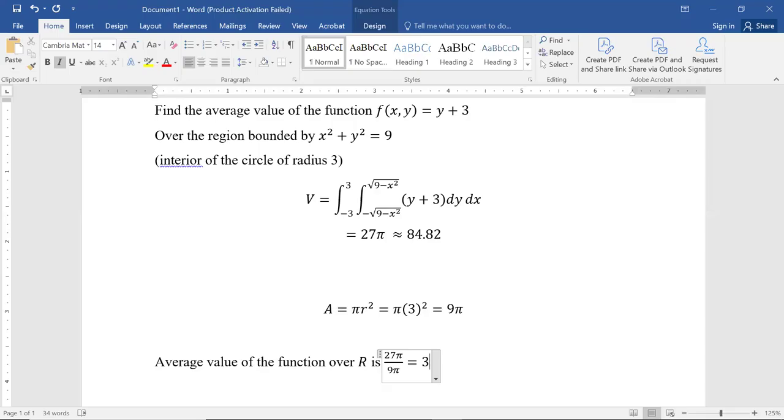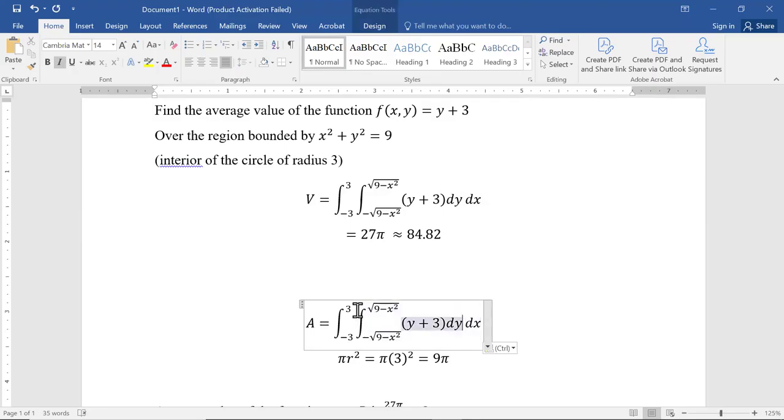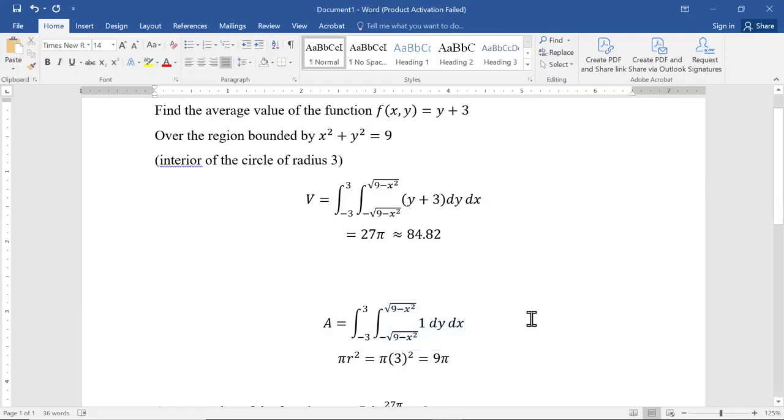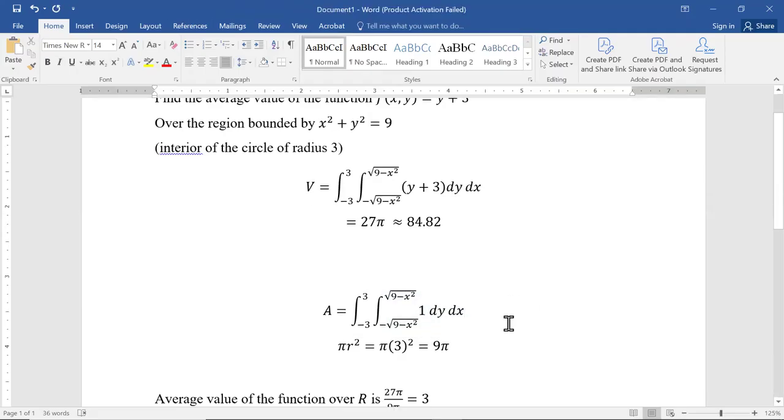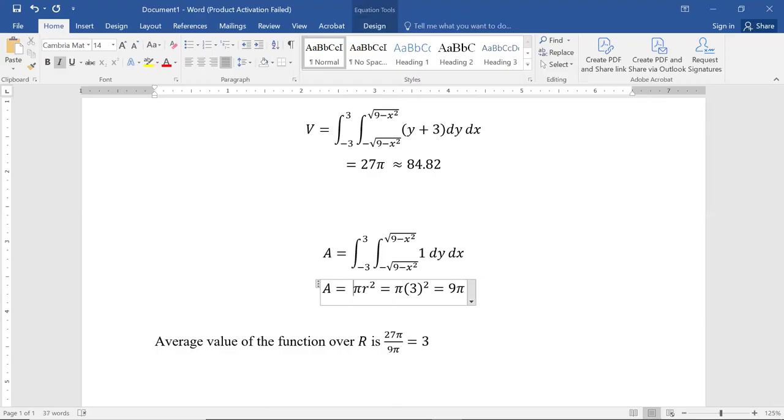Again, if you want to find the area by taking this double integration, but just integrating 1 with respect to y, and then with respect to x, you'll still get 9 pi. But you can also do this by just understanding the geometric formula for the area of a circle, pi r squared.